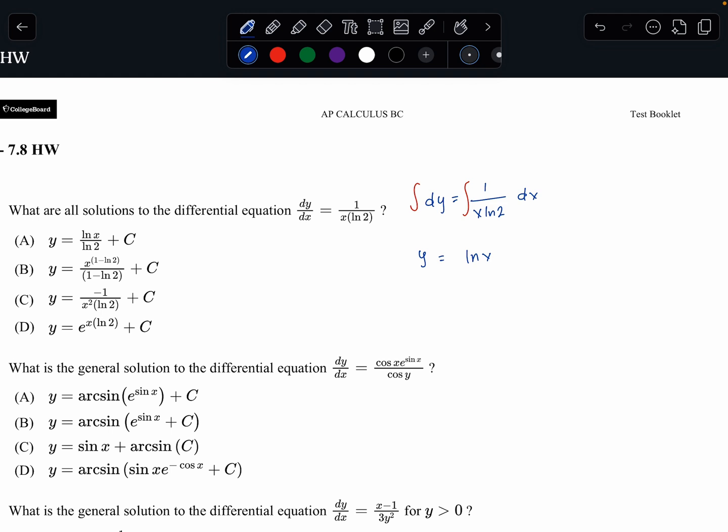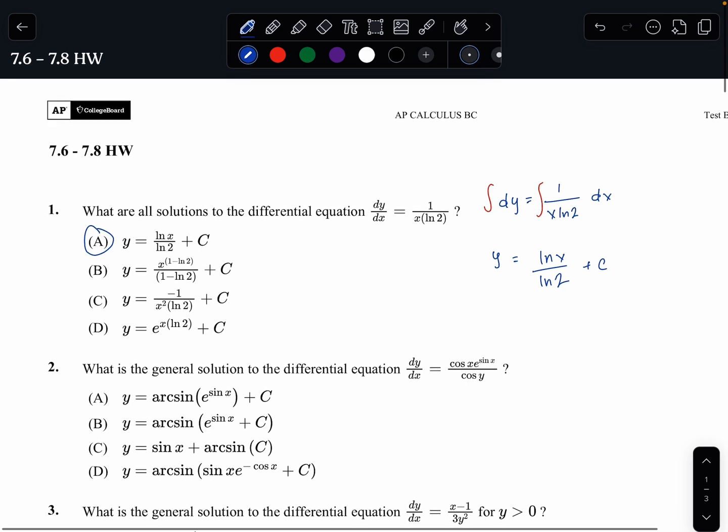And then that constant is just going to be there, divided by the natural log of 2. And that's it, plus c. So y equals the natural log of x divided by the natural log of 2, plus c. So that should be a.